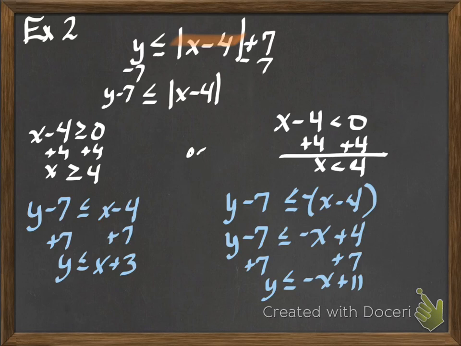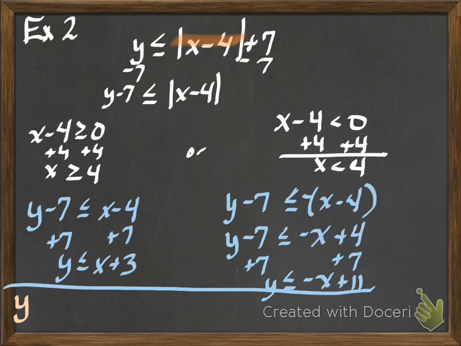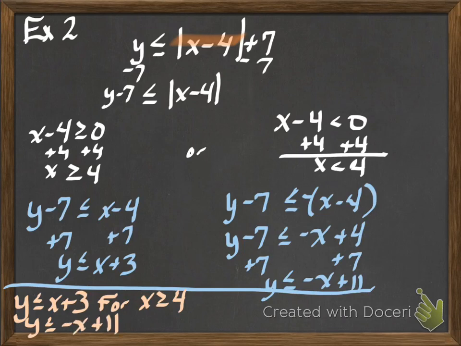And so we have our solution: y is less than or equal to x plus 3 for when x is greater than or equal to 4, or y is less than or equal to negative x plus 11 for when x is less than 4.